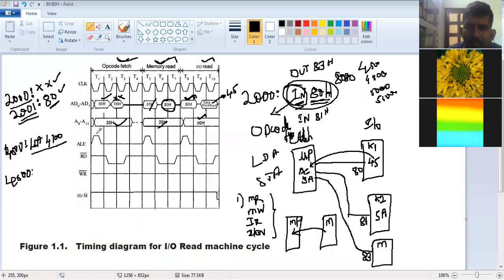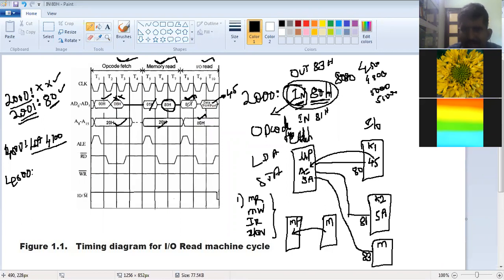And did you understand why ALE is high here, here, and here? Did you understand the purpose of ALE here? Satvik has understood. What about Kannan and Hiba? Okay, Hiba has understood.